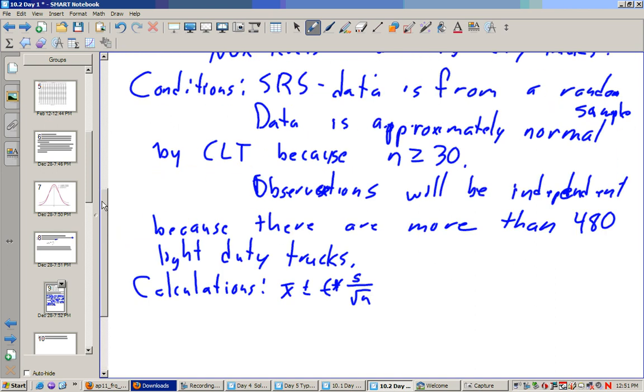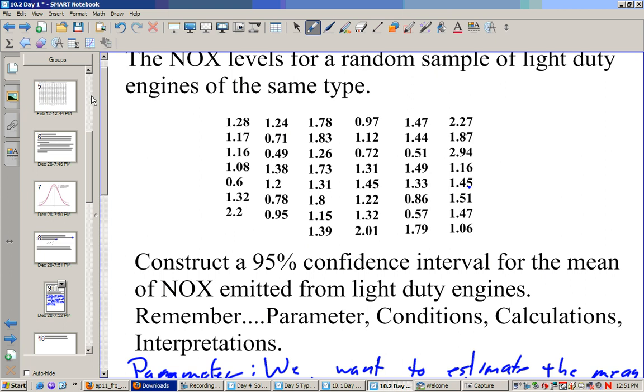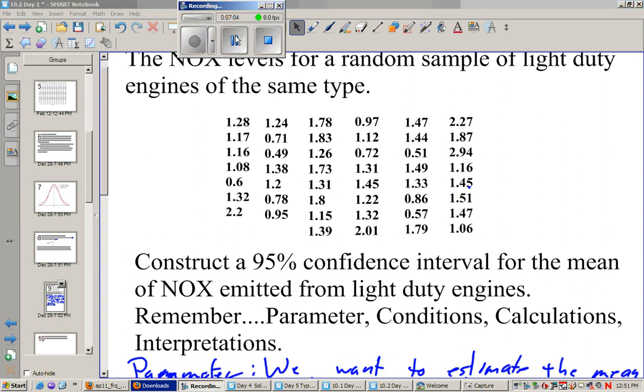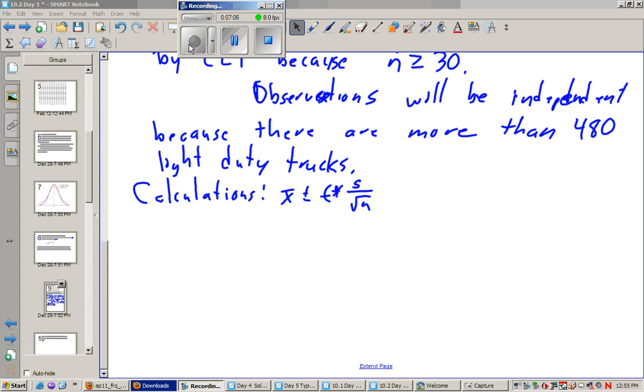For our x bar, we have to plug in all of these data points and then find an x bar. I'm going to pause this and type these into my calculator. Hopefully I typed everything in correctly. I get a mean of 1.33, and now we look at our t star.